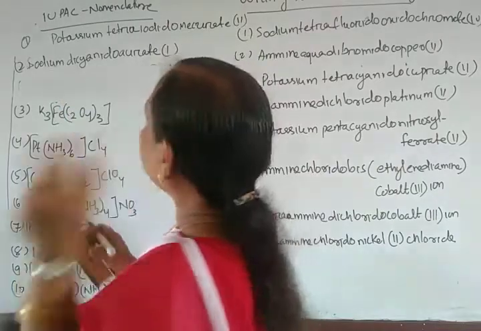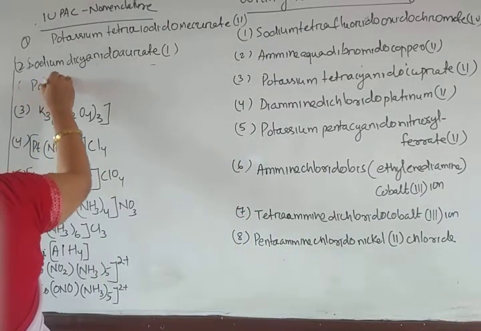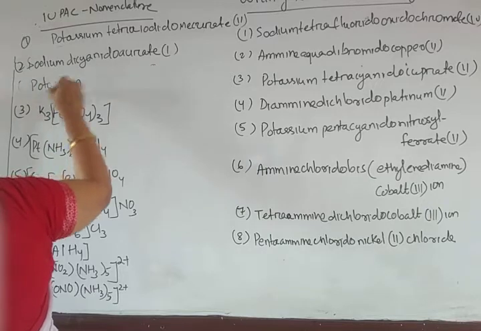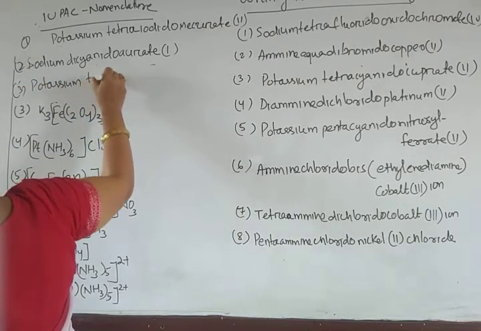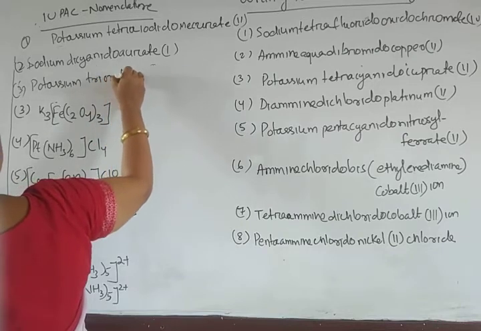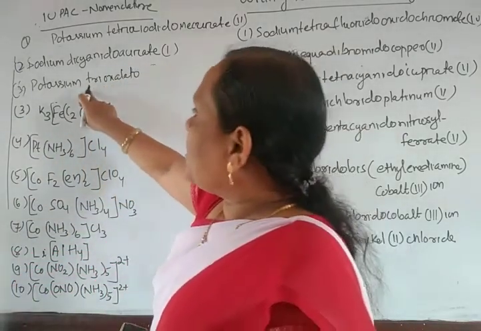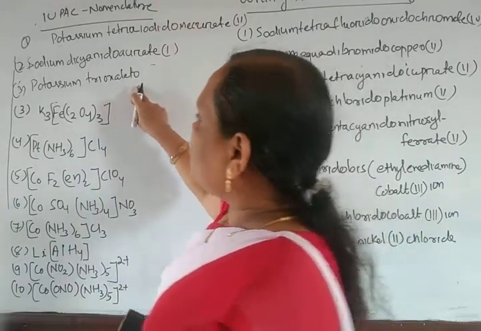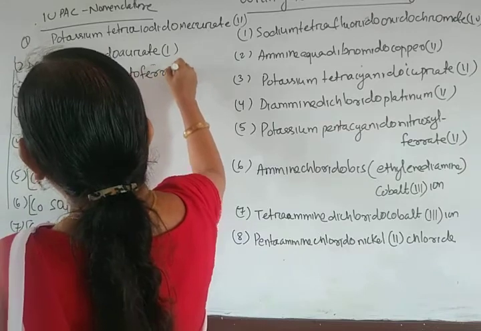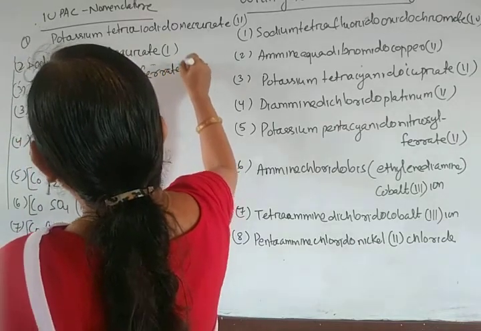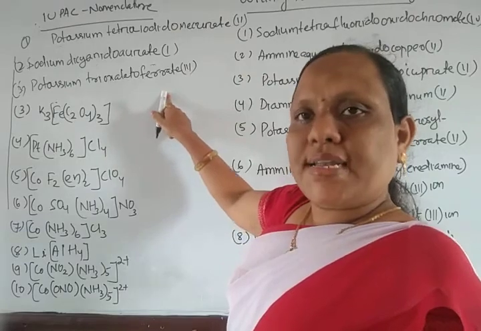Potassium trioxalato, this is a negative ligand ending with o. Potassium trioxalato ferrate(III), followed by its oxidation number in parentheses.